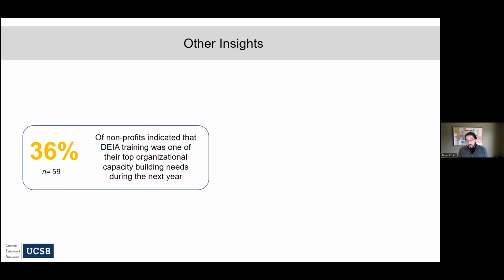An encouraging thing that goes along with the previous slide is that at least 36% of the nonprofits indicated that DEI training was one of their top organizational capacity building needs during the upcoming year. There was really broad interest in incorporating capacity building efforts that help support DEI within the organizations, and I thought that was a really positive and encouraging trend overall.